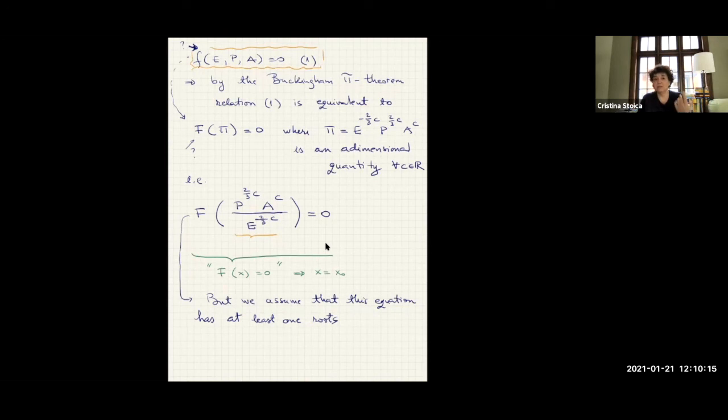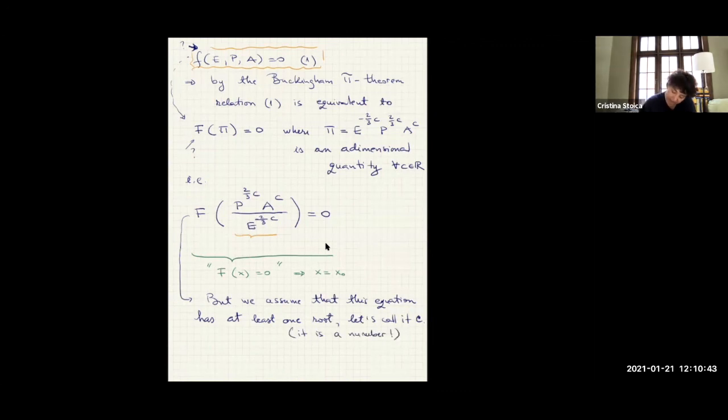Essentially, we're assuming that that equation has at least one root, not roots. This equation has at least one root. Let's call it, I don't know, C. It is a number. I don't know what it is, but it is a number.